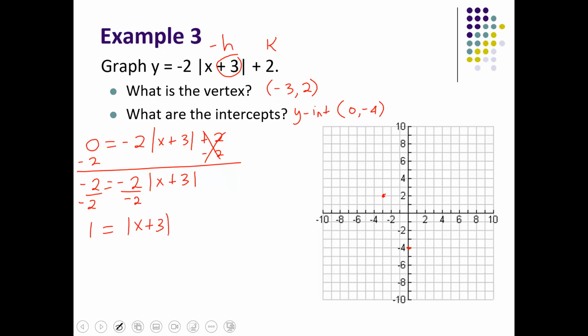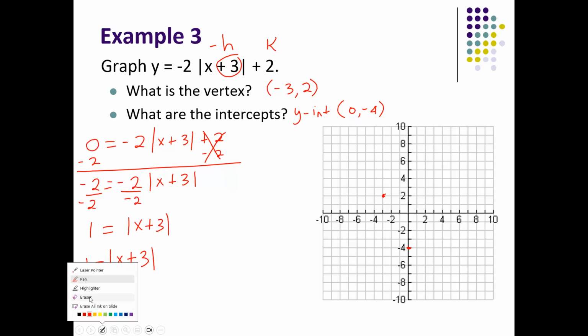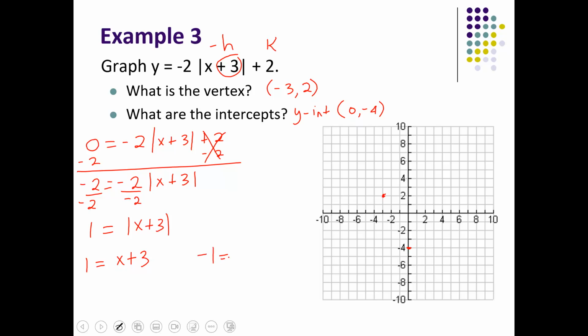Now to get rid of those absolute value signs, we end up with 2 equations. We have 1 equals the absolute value of x plus 3. One equation would be 1 equals x plus 3, and the other equation would be -1 equals x plus 3.